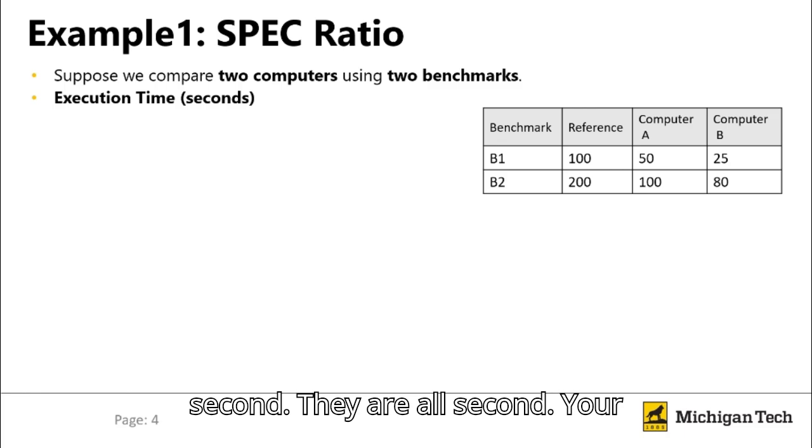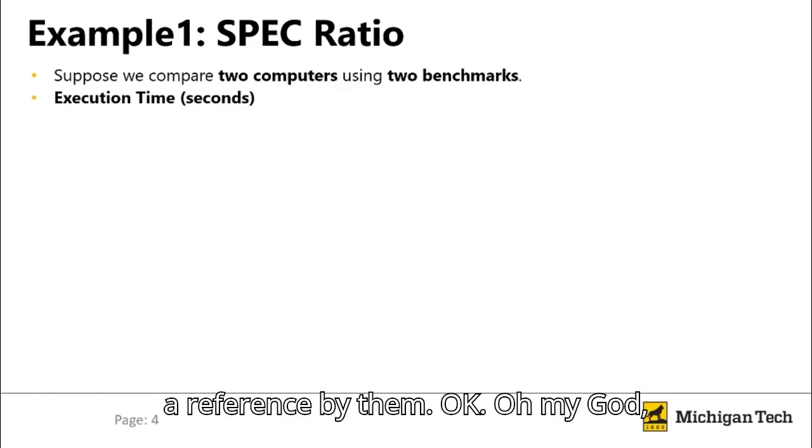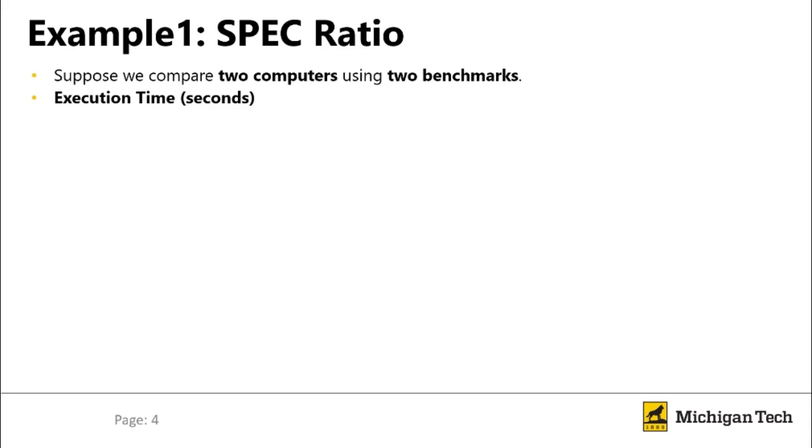They are all seconds, the time spent to execute that benchmark. For computer A, benchmark 2 is 100, and for computer B it is 80. Okay, so to find the ratio, we just need to divide the reference by them.